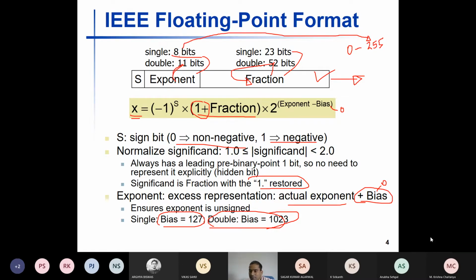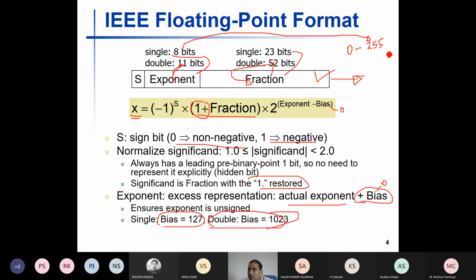Is it fine for everyone? Okay, so this is the case if I do not use the bias. Now, if I use the bias, what is the range I can store?